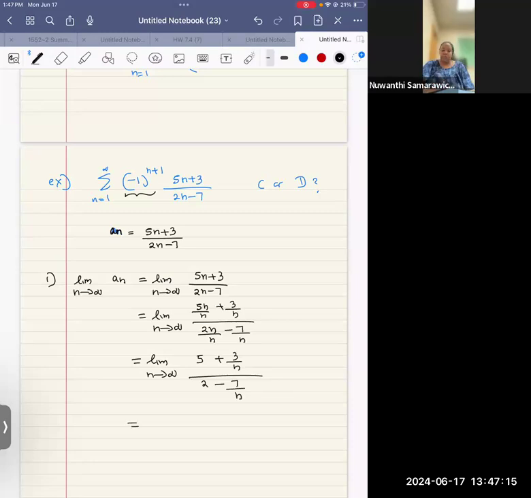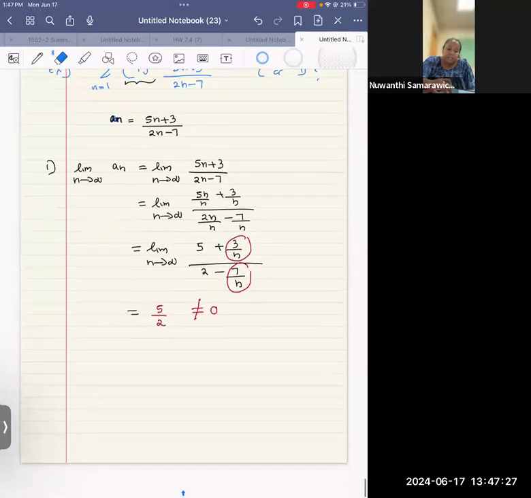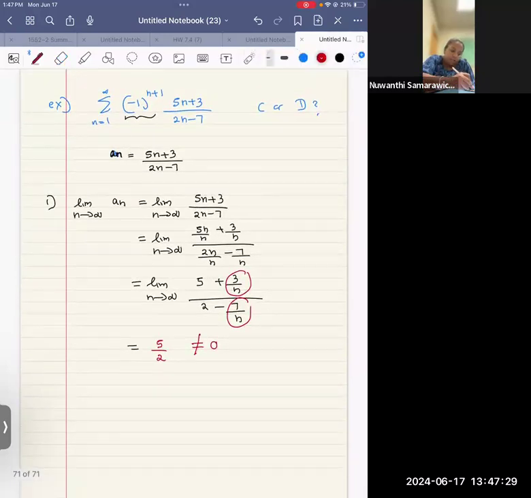When n approaches infinity, the 3 over n and 7 over n terms go to 0. So you get 5 over 2. Now this is not equal to 0, right? So if the limit as n approaches infinity of a sub n is not equal to 0, this is the divergence test.